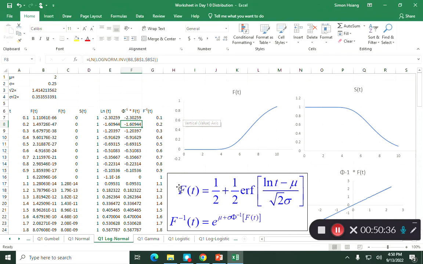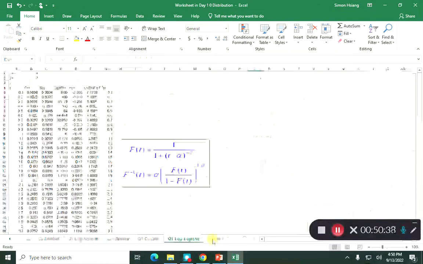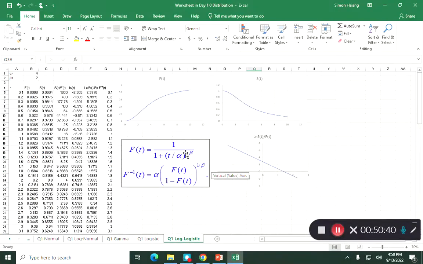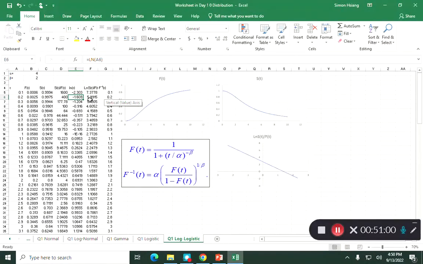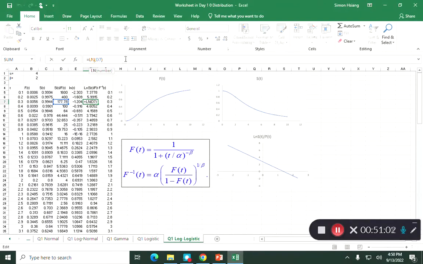Agree? Okay. So log logistic, and what we're doing is everything's the same except this time. We have ft, st, st over ft, and then we take the log t, and finally we take the odds ratio log.